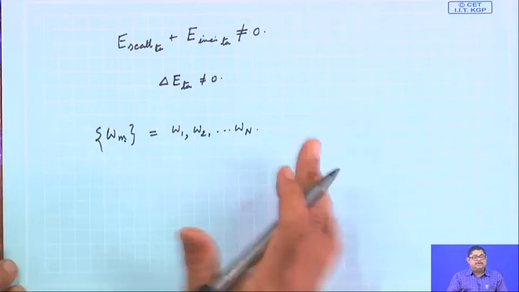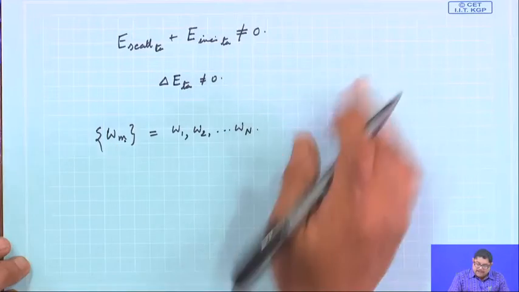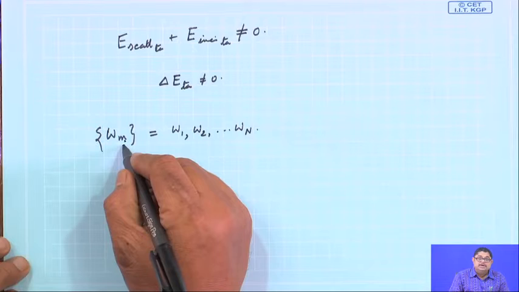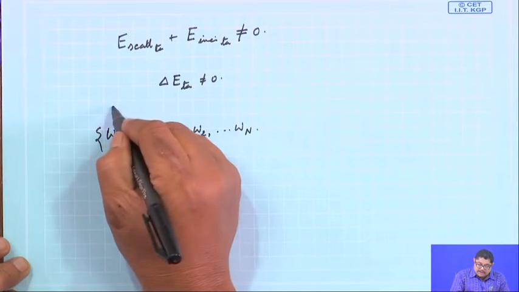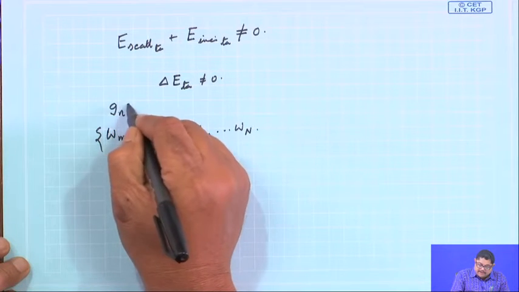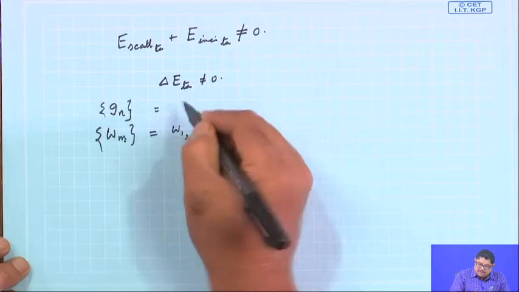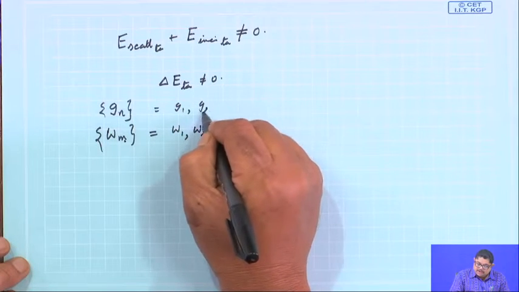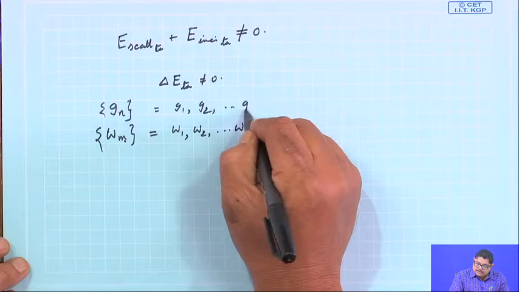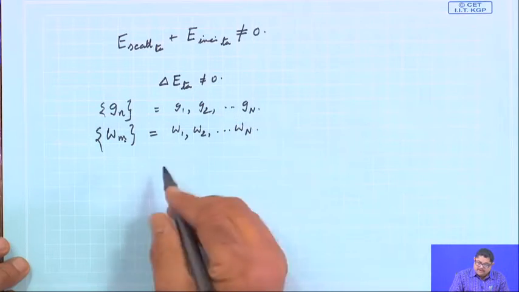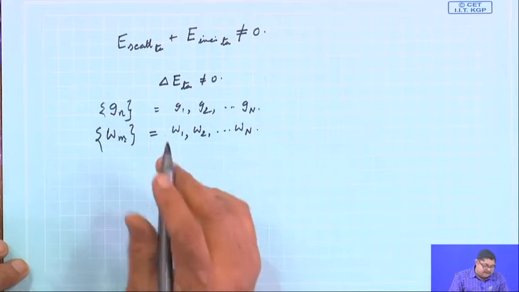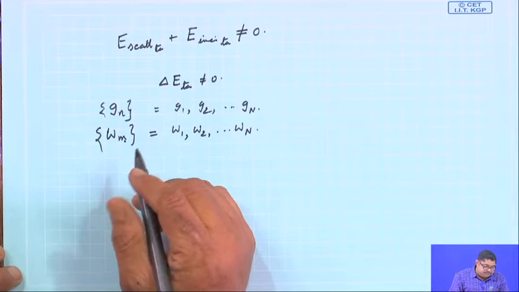Same order: for the basis function we had taken capital N order, and this is also of that order. Only to distinguish, that time we said G n was expanded as G1, G2, etc., G n. So that is why N and M are used.